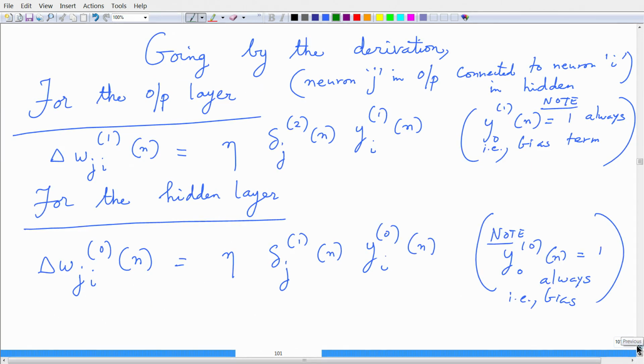Now, going by the derivation, for the output layer, neuron j in the output layer is connected to neuron i in the hidden layer.